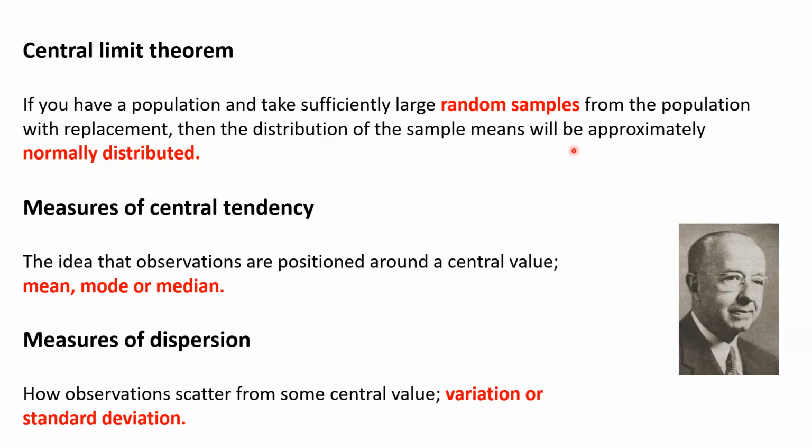This is where we talk about variation and standard deviation, while for the measures of central tendency we talk about things like mode, mean, and median. So those are always described as positioning themselves around a central value, and those are three types of ways of getting a central value. And variation and standard deviation are understanding the dispersion of the data.